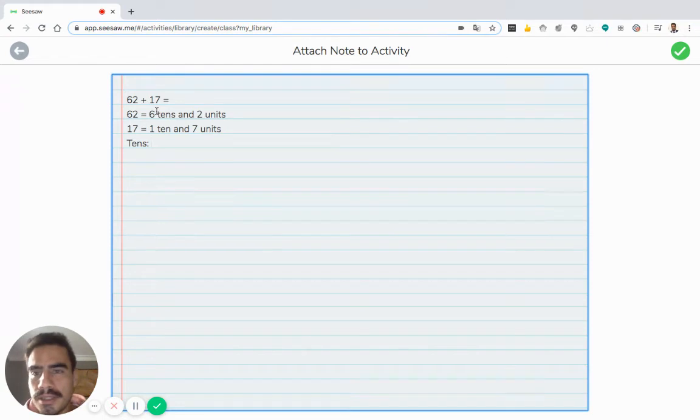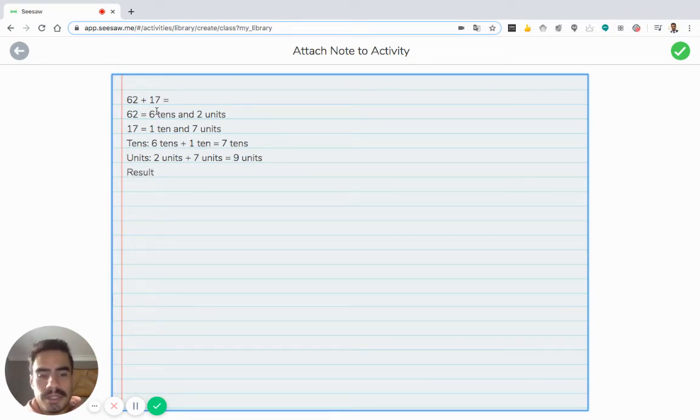We need to add the tens. So 6 tens plus 1 ten equals 7 tens. Now we need to add the units. 2 units from 62 plus 7 units from 17 equals 9 units.